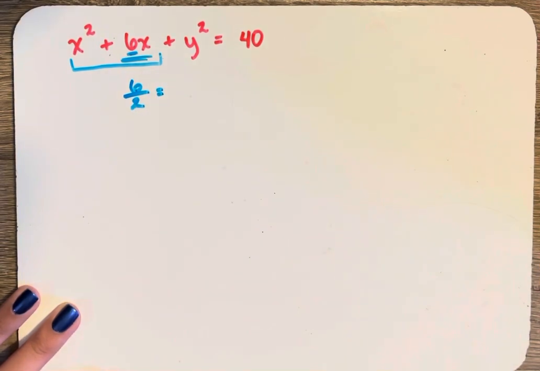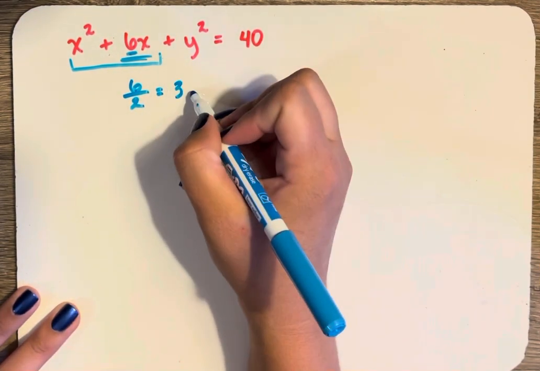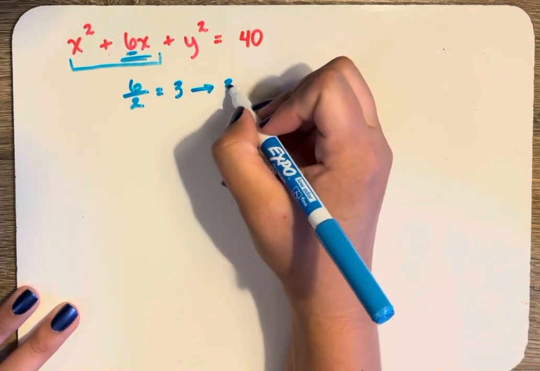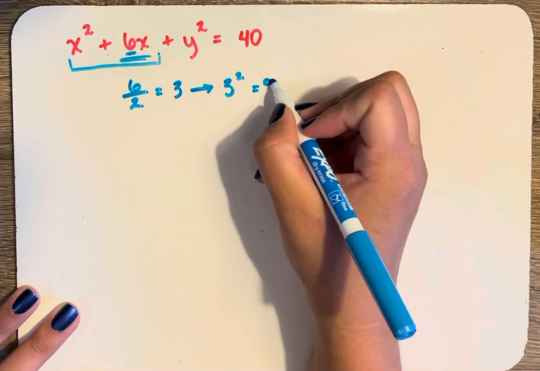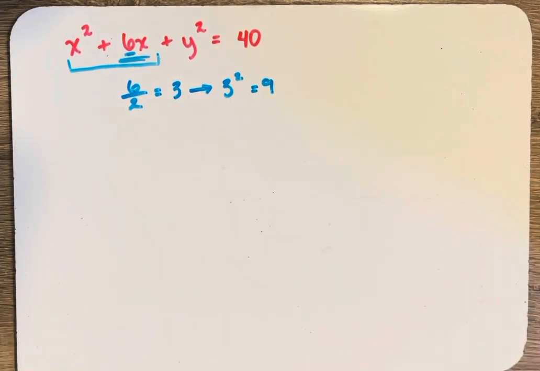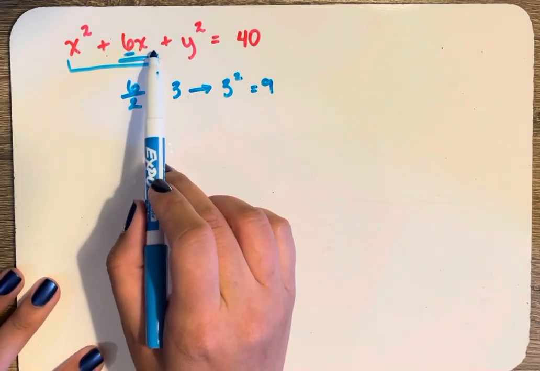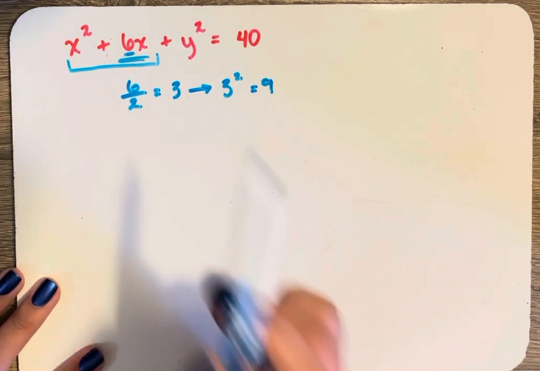So 6 divided by 2, which I know is 3. And now I'm going to square that number. 3 squared is 9. So I'm going to add in a 9 right here after the plus 6x.